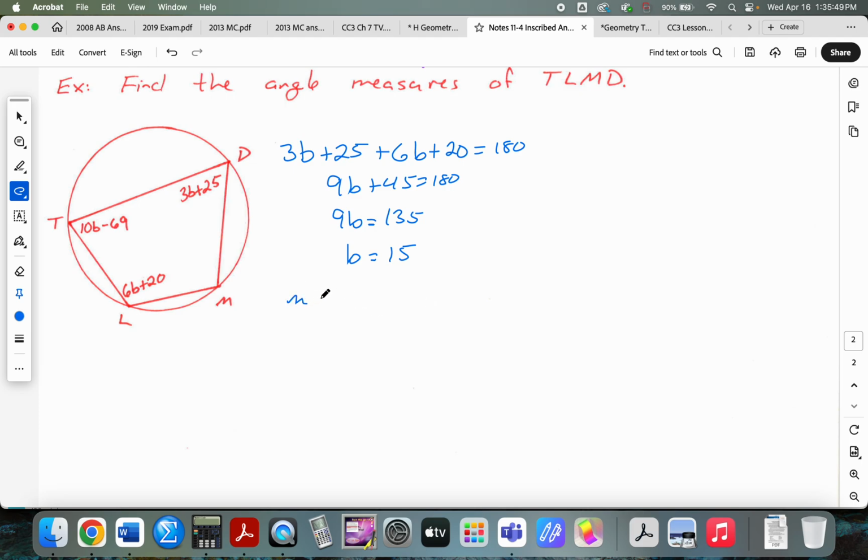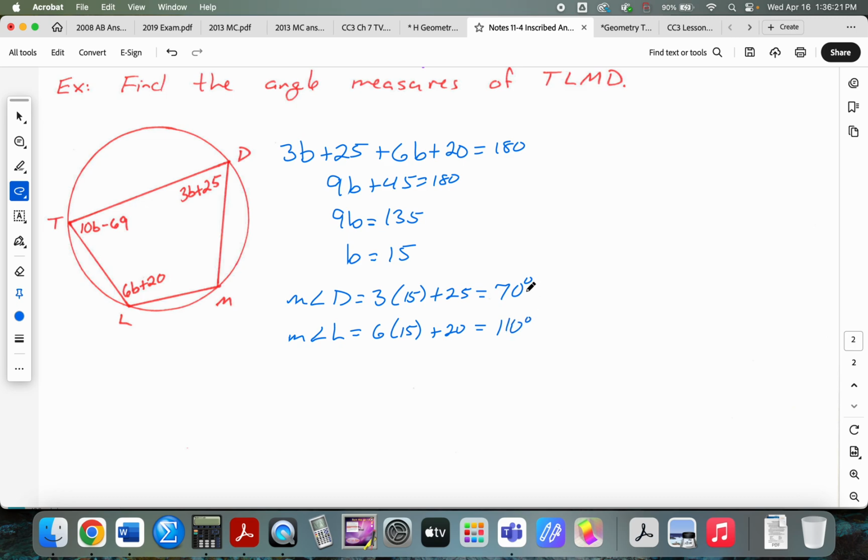So the measure of angle D will be 3 times 15 plus 25. So it's 45 plus 25 is 70. The measure of angle L will be 6 times 15 plus 20. 6 times 15 is 90 plus 20 is 110.